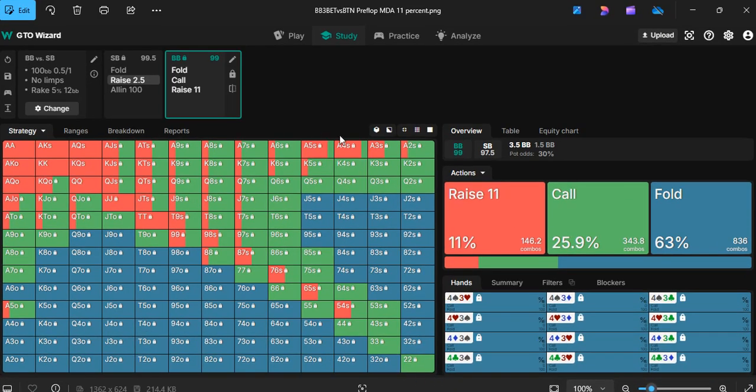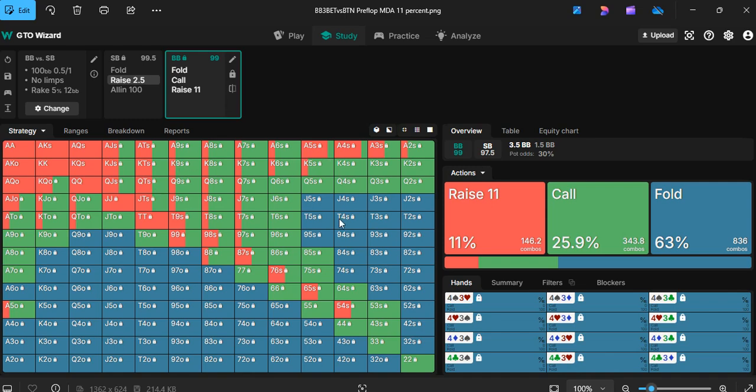So what we need to do is node lock to a more realistic strategy. I went into GTO Wizard Elite and I node locked an 11% range that I think is realistic. I took out the 10-6 suiteds and I put in more hands like Ace Jack off and hands like Ace 10 suited, Ace Jack suited, Ace 5 suited.